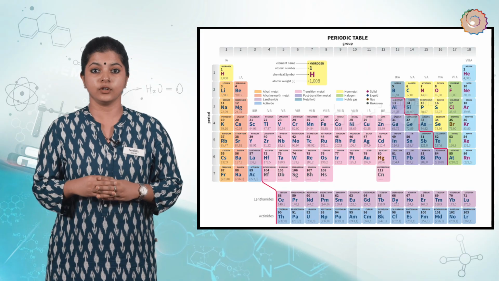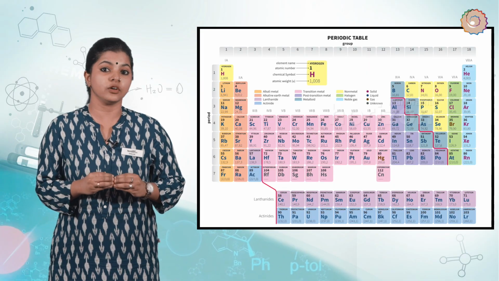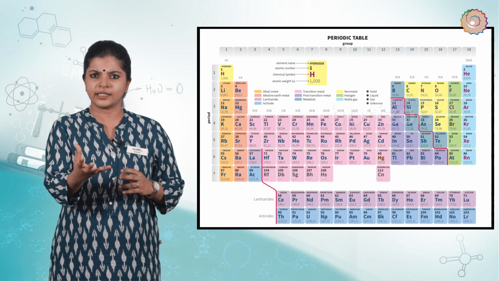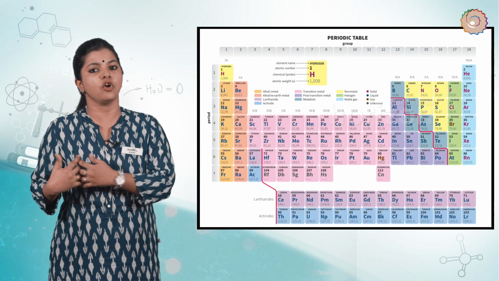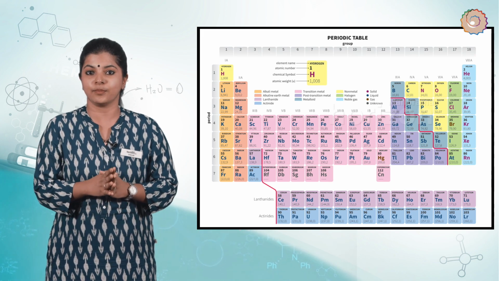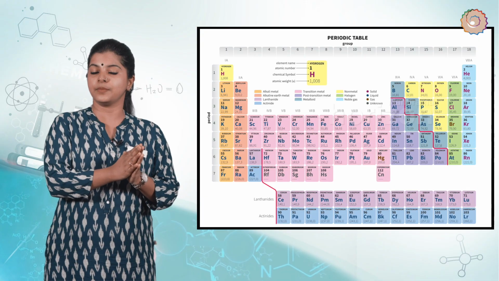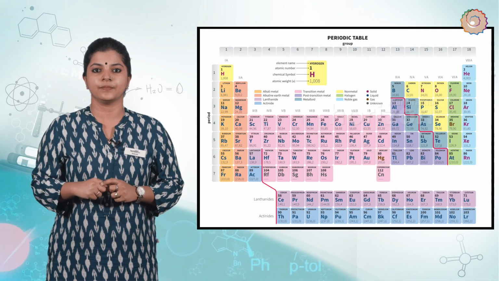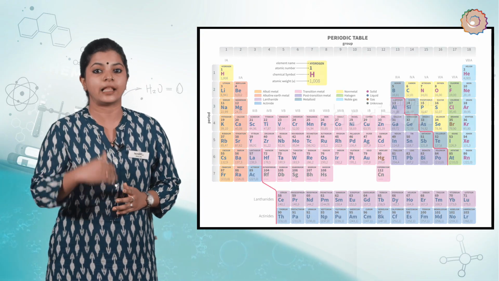Elements arranged in the modern periodic table show periodicity of properties including atomic size, valency, and metallic and non-metallic characters. Here we shall see how various properties of elements vary across the period and down the group. Let's take the first property, which is valency.